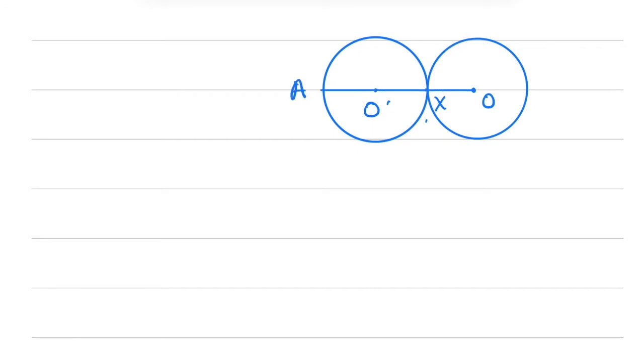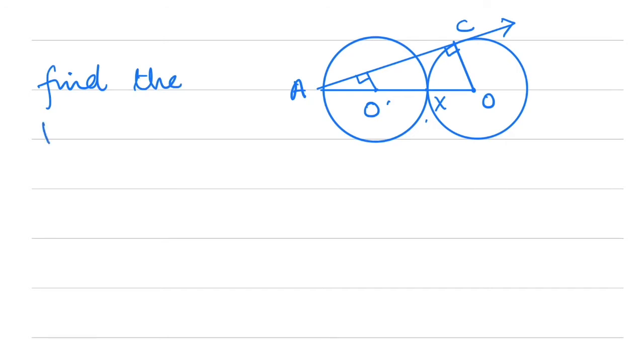So this point is A, and AC is tangent to the circle with center O. This point is C, and we are given O dash D is perpendicular to AC. So this is perpendicular to AC. OC will be perpendicular to AC. We have to find the value of DO dash by CO.